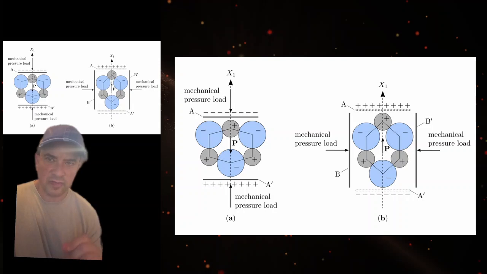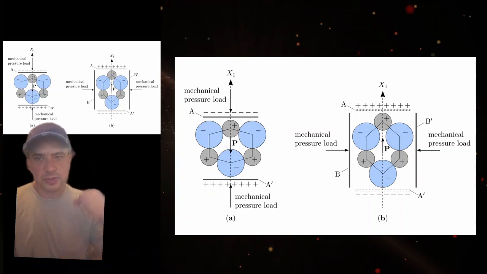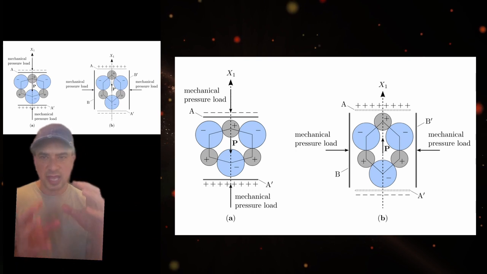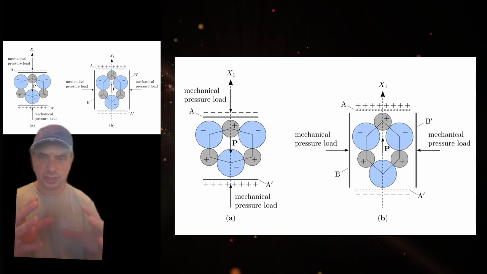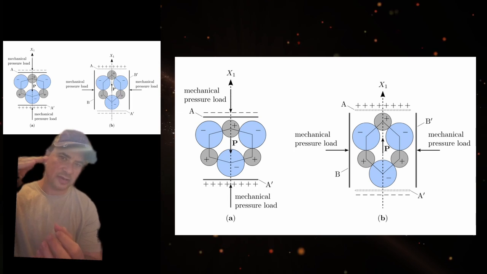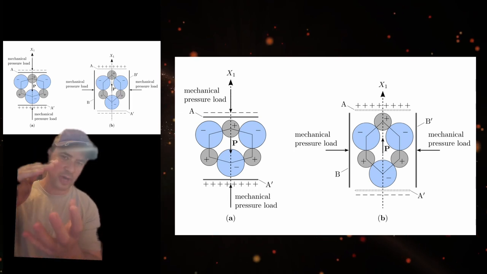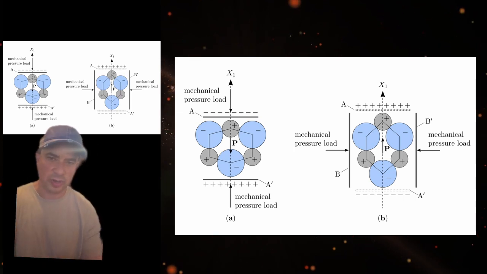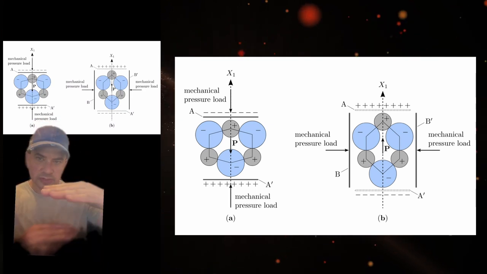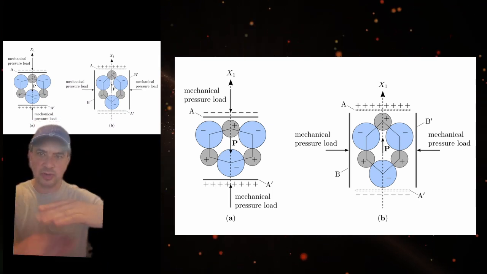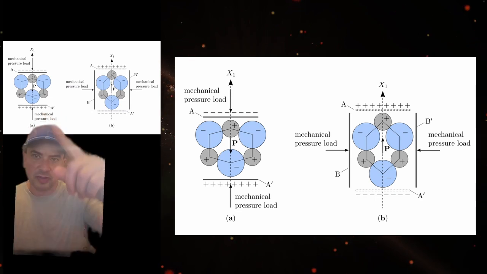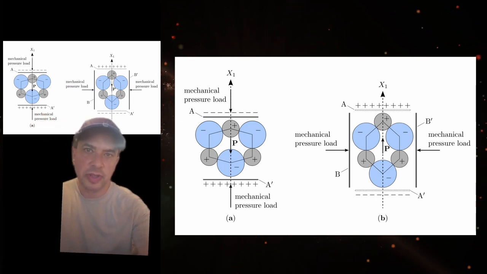A second property of piezoelectric materials is when a force is applied to them, it causes the atoms within the crystal structure to realign so that one side of that crystal can become more positive and the other can become more negative. So you can see in these theoretical drawings, when force is applied to the top and the bottom of the crystal, the negative charges line up by the top and the positive charges by the bottom.